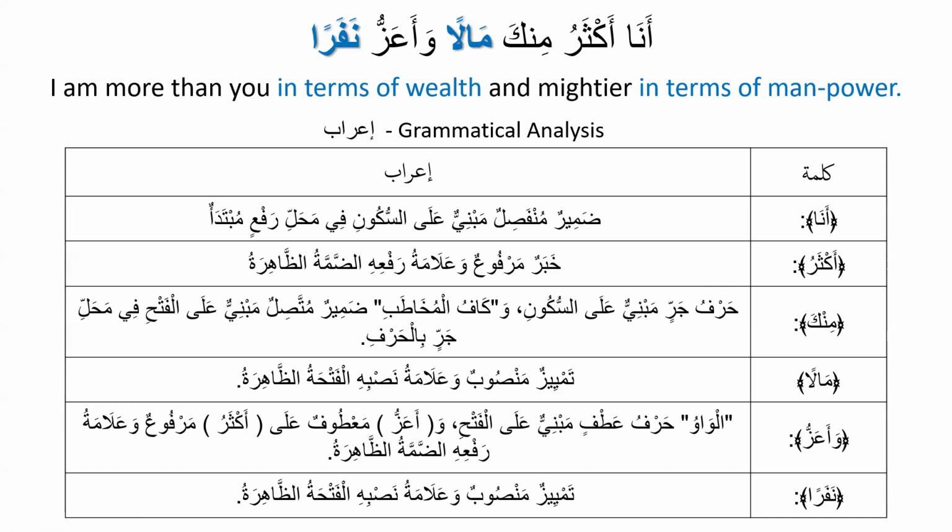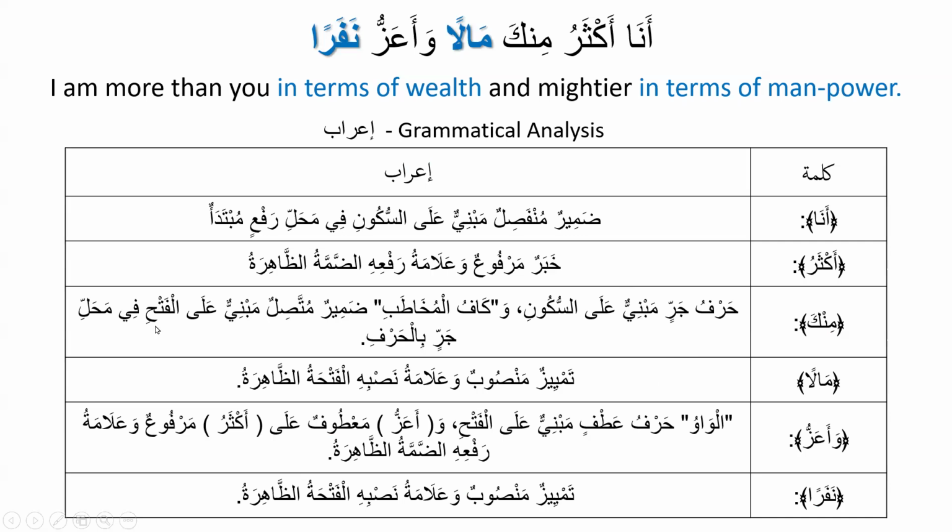Minka, we know that it's jar majroor, so min is harf jar mabni ala sukun. The kaf is mukhatab, damir muttasil, attached with this harf jar, mabni ala fath fi mahalli jar bil harf. Because this is mabni, all the pronouns are mabni. So we have mabni ala fath here, because it is an attached pronoun. So we are going to write fi mahalli.